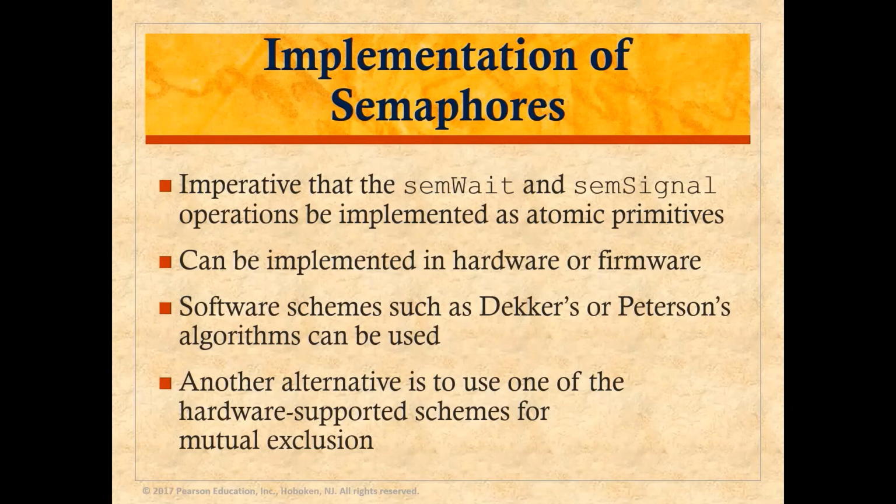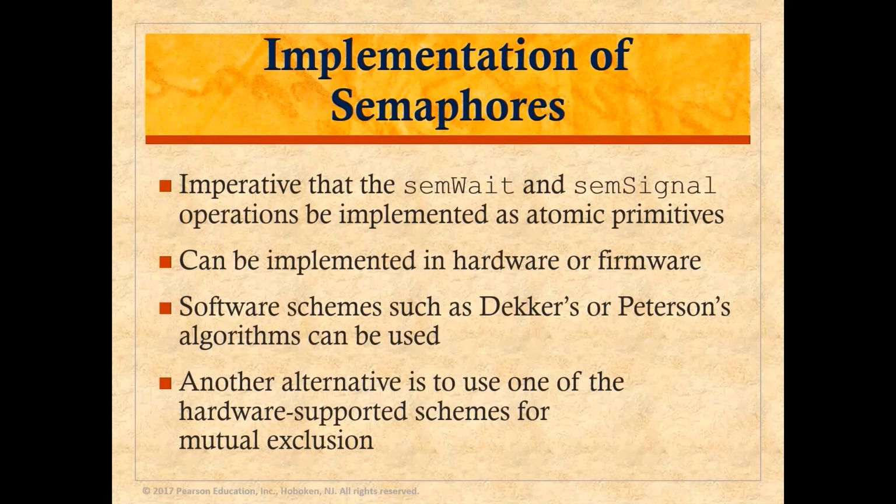The semaphore can be implemented if we use atomic primitives for semWait and semSignal. Atomic primitive means that the operation of the function must execute until it finishes, and only then can the OS context switch to another process.